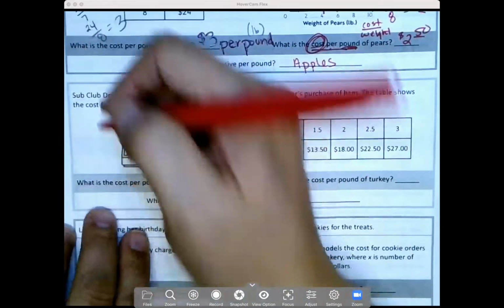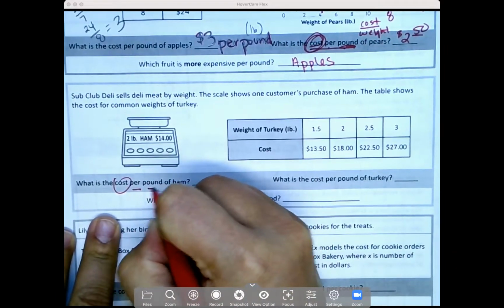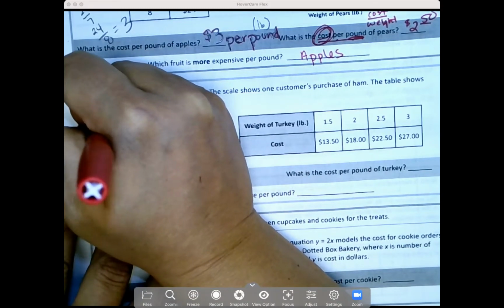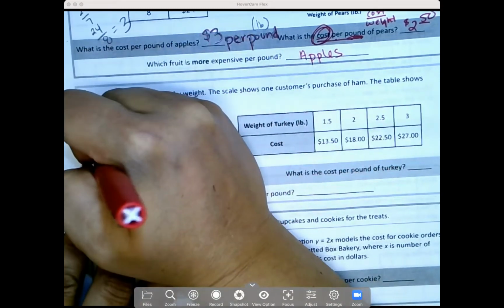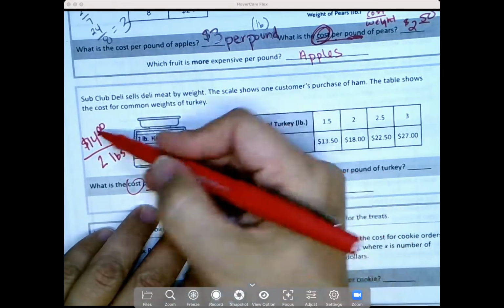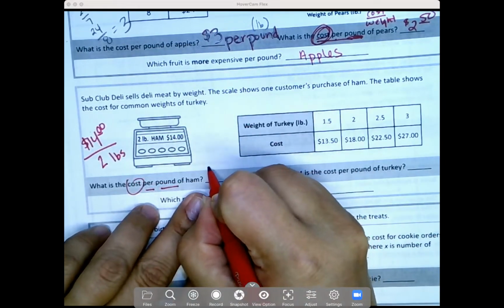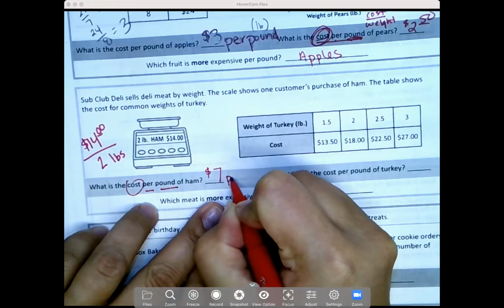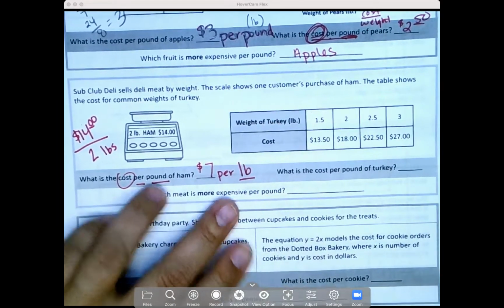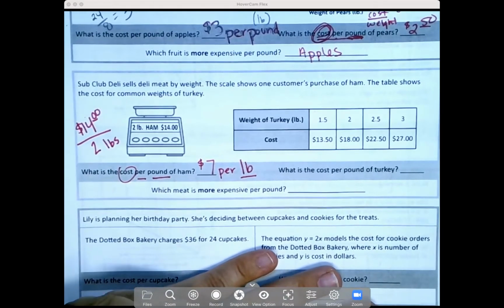But I would ask them to write it out again. Cost per pound. So my cost is $14 divided by my 2 pounds. So 14 divided by 2 is $7 per pound. And again, you can do pound as LB, or you can write out the word pound.